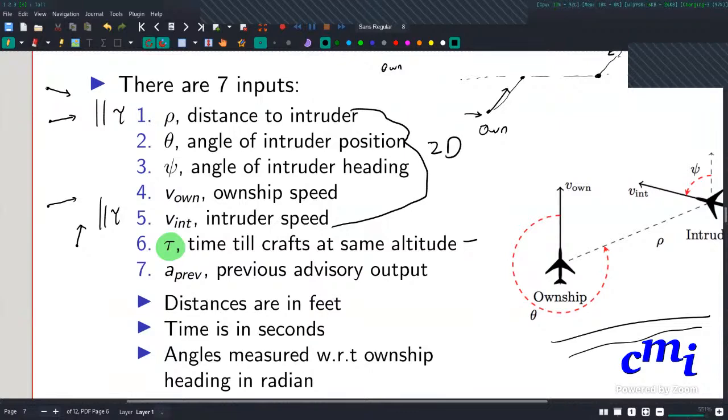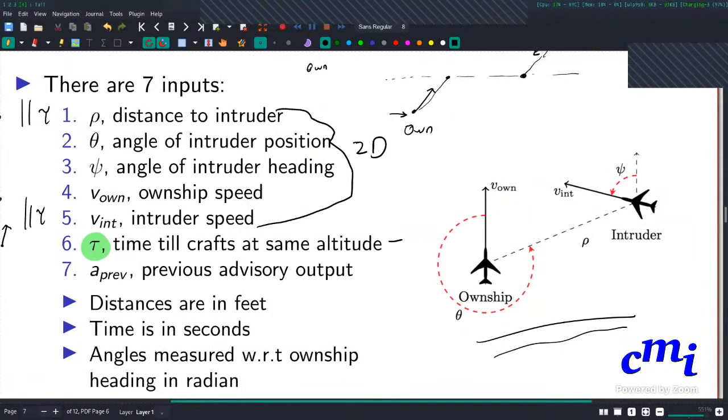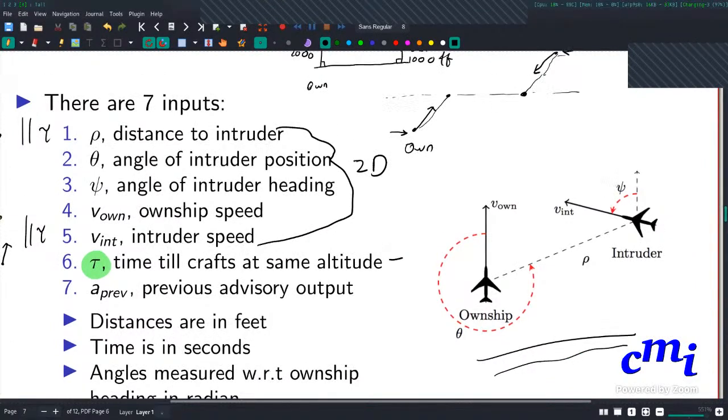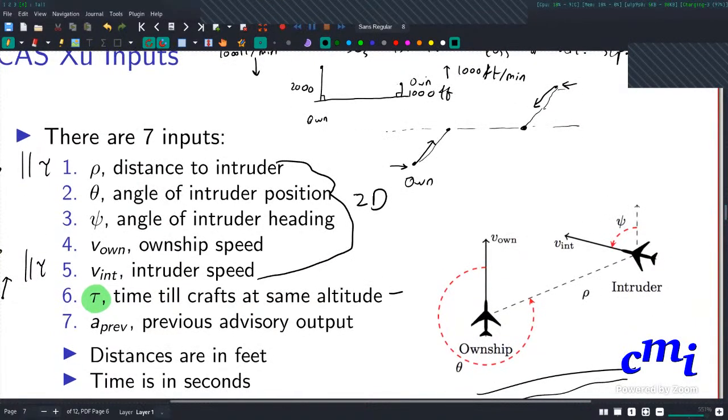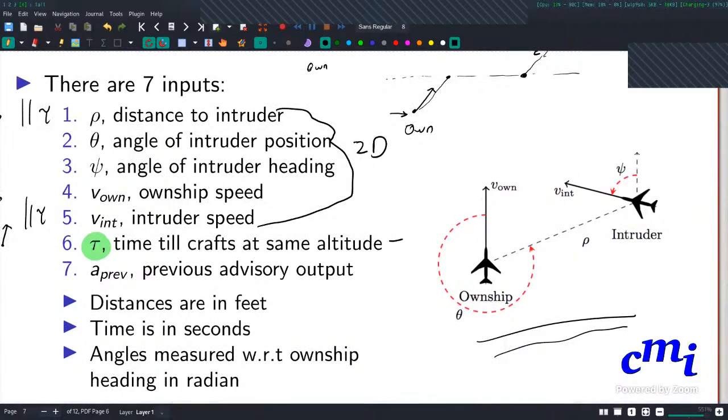It's not like there is not enough information in the inputs. The inputs give us a complete enough picture to tell whether they'll collide. Of course, the DNN is actually doing something more than just telling whether they're colliding. It's also producing some advisory, which adds another layer of complication.